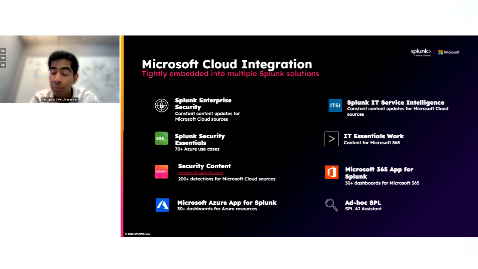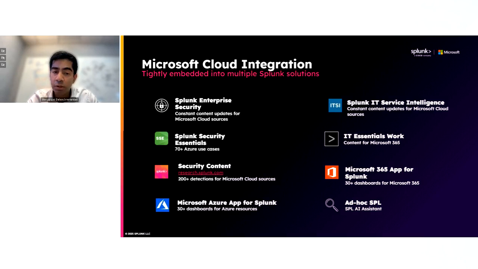And so we want to make it as easy as possible for you to both get data in and get value out. And to help you bring data in, we have integrations built in, like we discussed earlier with our Microsoft Cloud Service TA to bring data in easily. You can use the HEC integration with Azure Event Hubs.